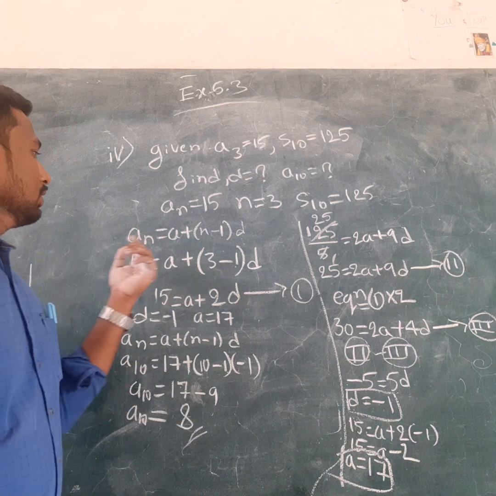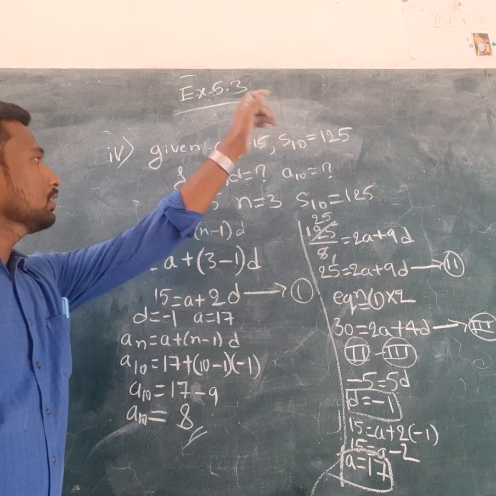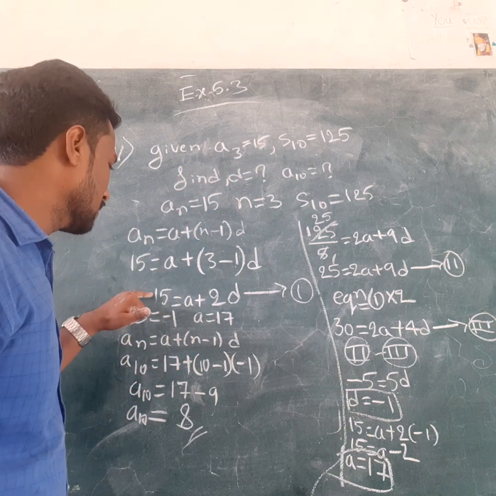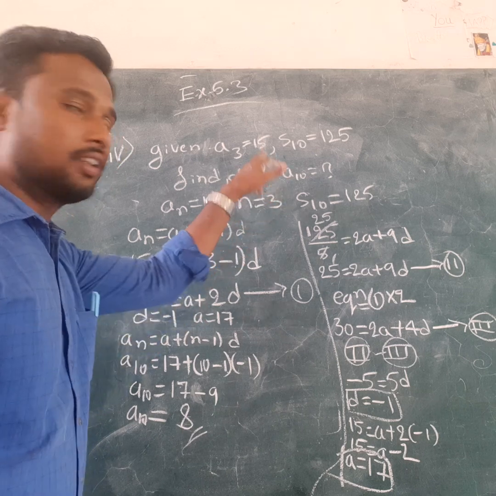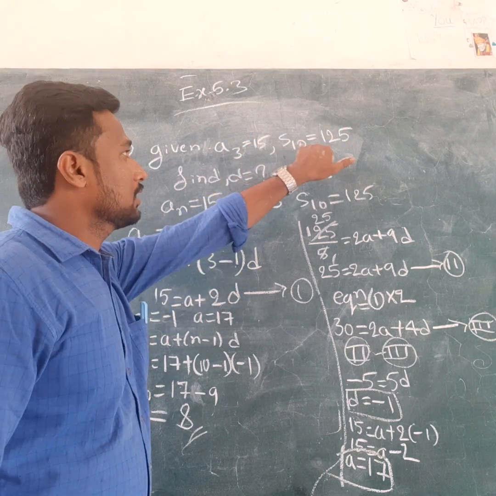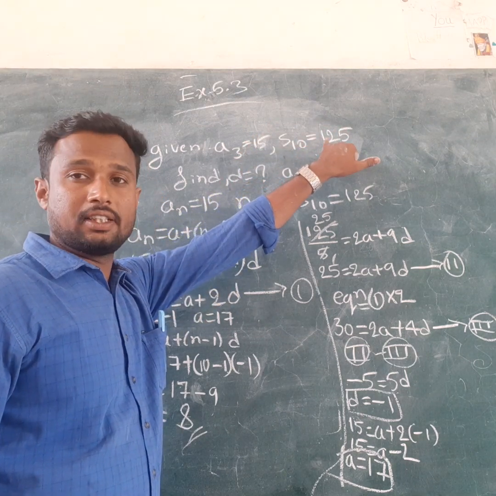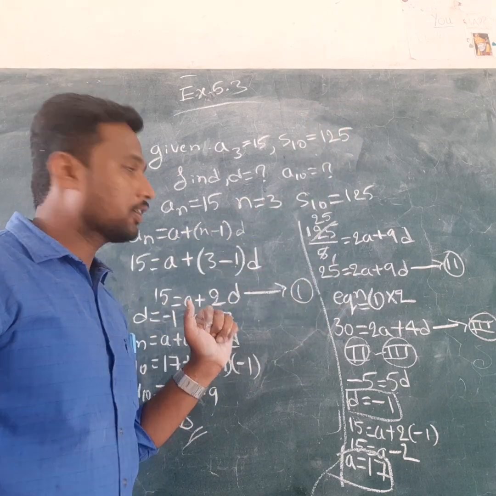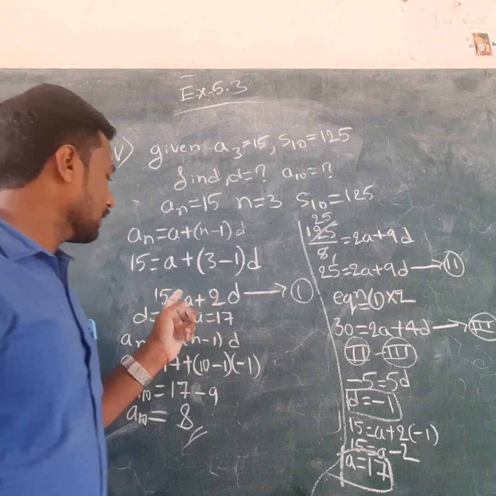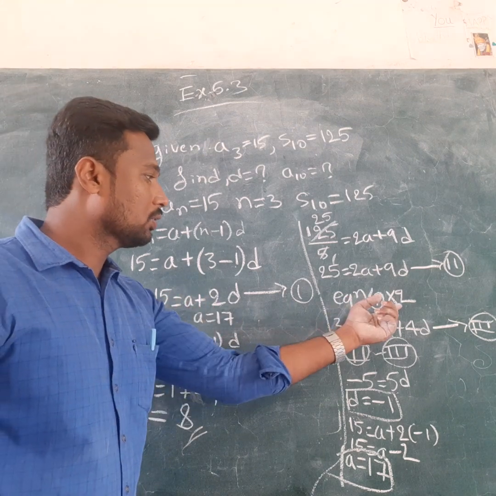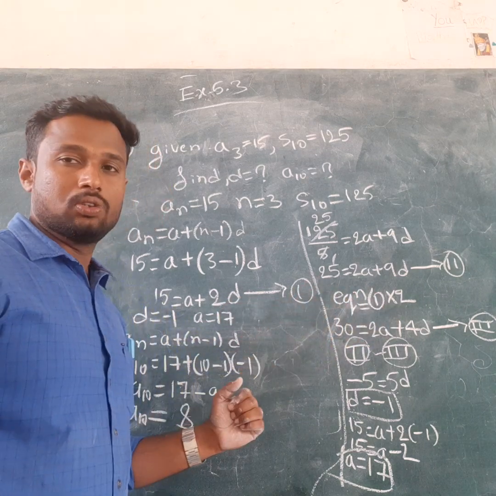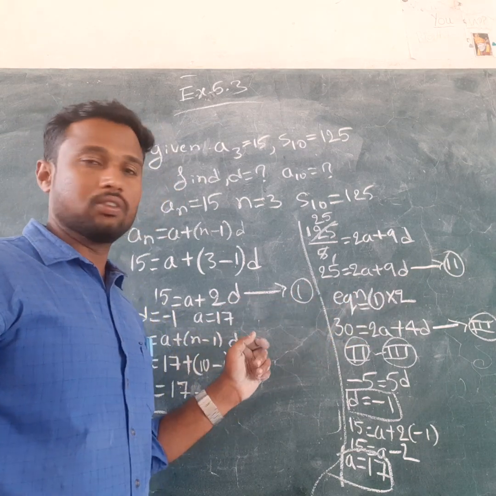First, what I did: by considering A3 as An, I got the first equation, and after that I considered S10 is equal to 125 as Sn value, and I got this second equation. After that I multiplied equation 1 by 2, so I got the equation third.